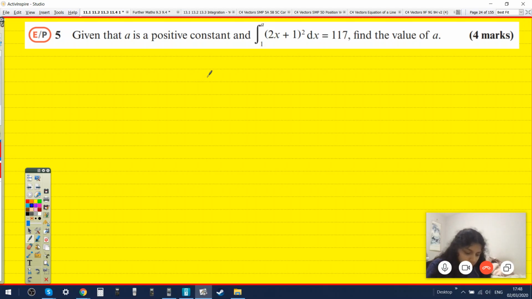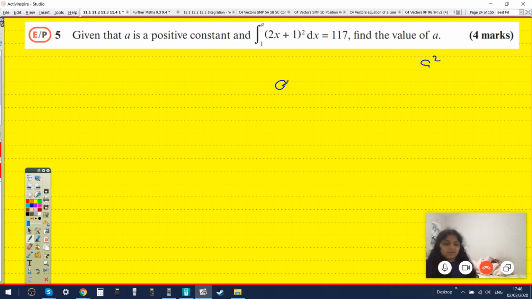I got 2 bracket 2x plus 1 cubed over 3. So 2/3 of 2x plus 1 cubed. So if this was, let a be 2x plus 1. What is the integral of a squared? 2a. You're doing derivative? Integral? Oh, integral.